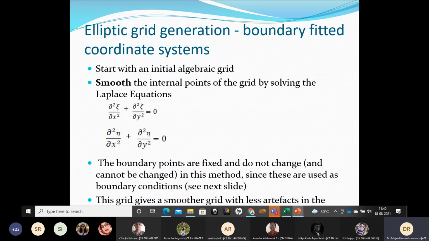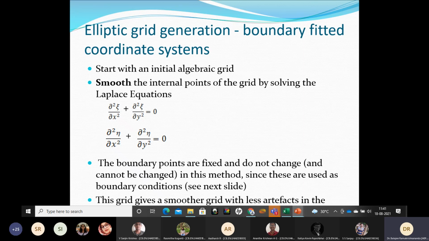Now we'll look at algebraic grid, elliptic grid. We have seen algebraic grid. You can actually use an algebraic grid as a starting point to generate better grids. Let's say we have an initial algebraic grid and we don't want that skewness and we don't want those sharp corners inside the domain.